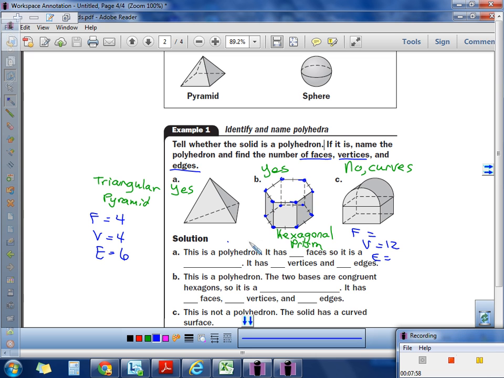Edges I also like because you can draw as you're counting. 1, 2, 3, up to 18 edges. And I think on this one, the faces are not that hard to count. Yeah, there are 8. So how can you count that? Well, there are 6 around the sides, plus a top and a bottom. So that's 8 faces. Good job.